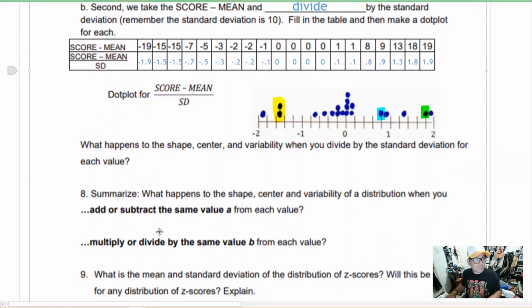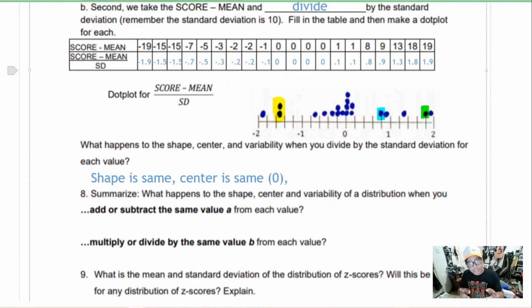So what happens to the shape, center, and variability when we divide by the standard deviation? Well, the shape is pretty much the same, isn't it? The center of the distribution is still going to be 0, but what's different is going to be the variability. So for the variability, we divided the standard deviation by 10.